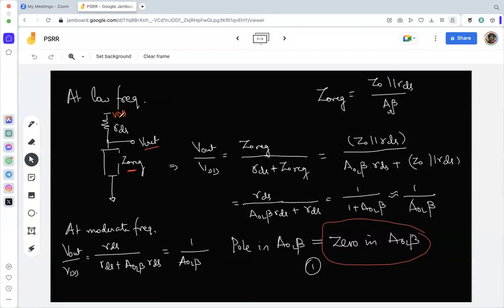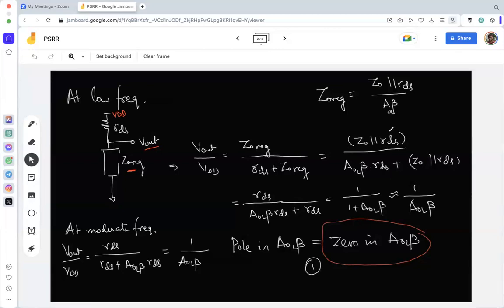What component of VDD appears at Vout? It is Z0 reg divided by RDS plus Z0 reg. Now you substitute Z0 reg. Z0 reg is Z0 parallel RDS divided by AOL beta.